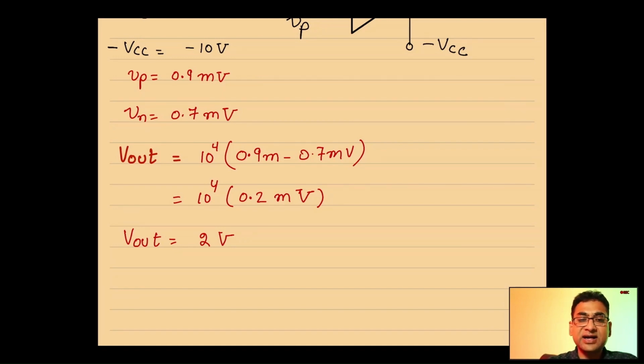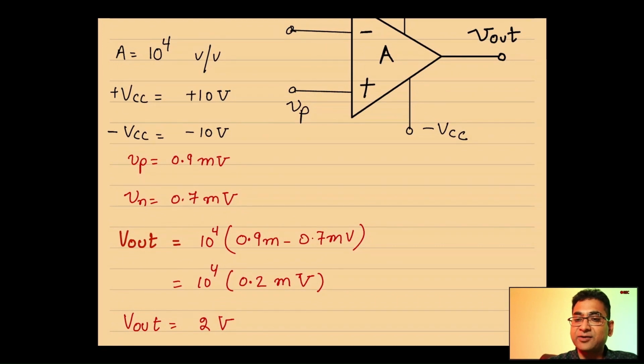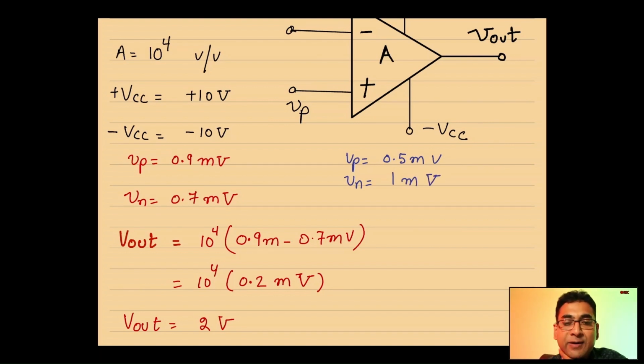Simple, right? So let's plug in a different value. We are just throwing numbers as we please. Let's pick a value for VP equal to 0.5 millivolts, and a VN value equal to 1 millivolt. What would your output be in this case?